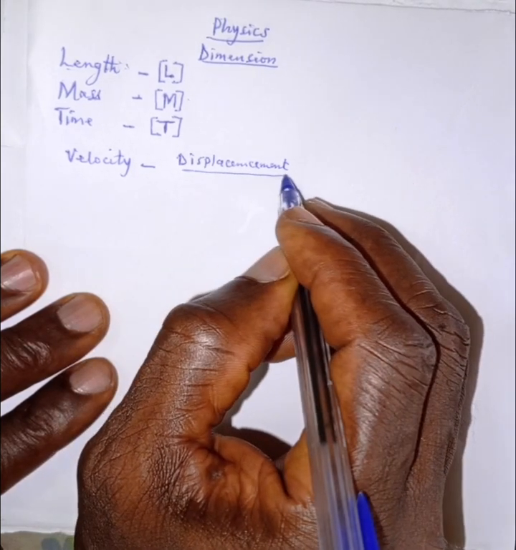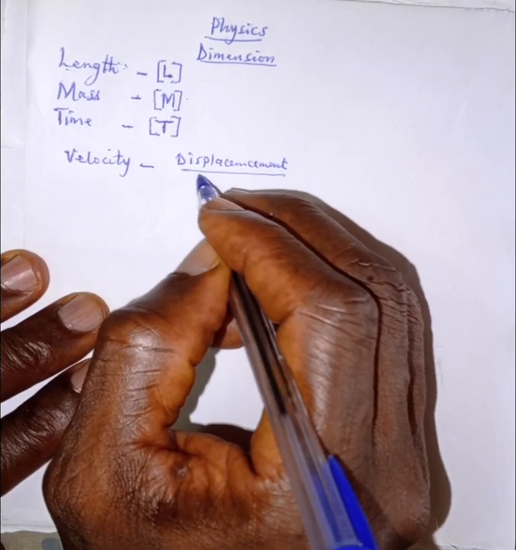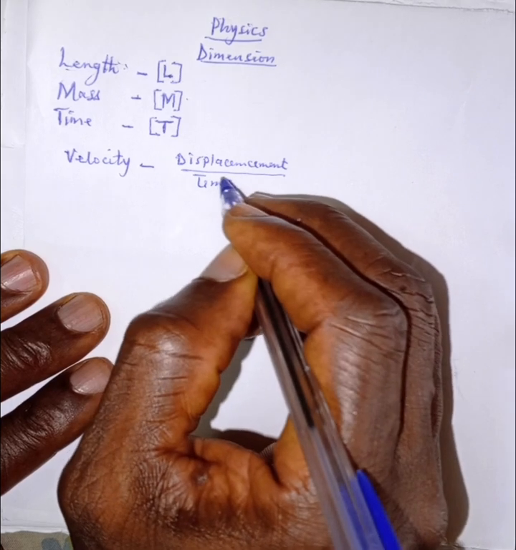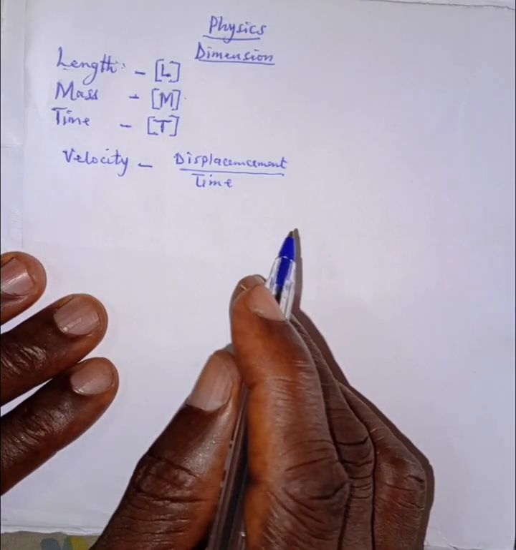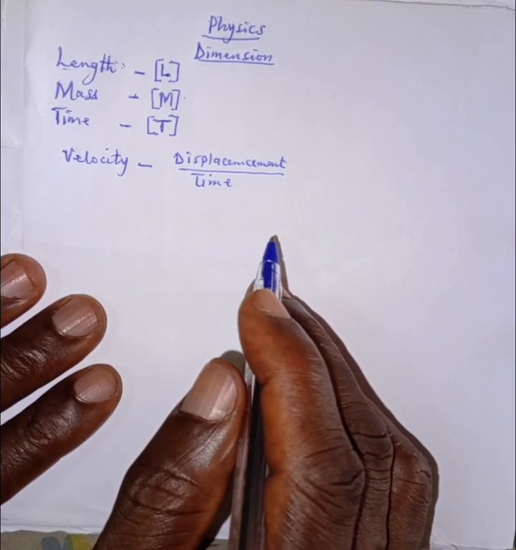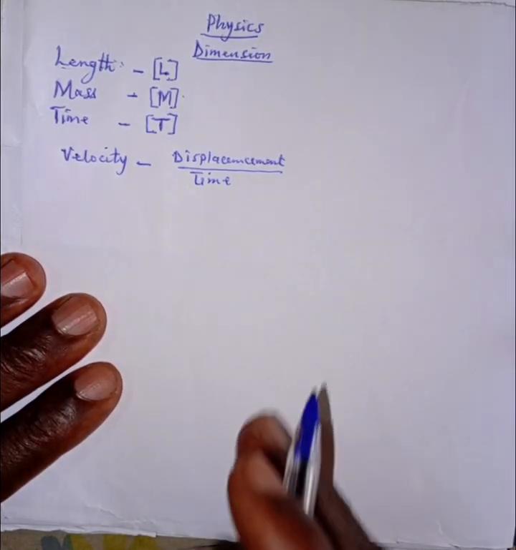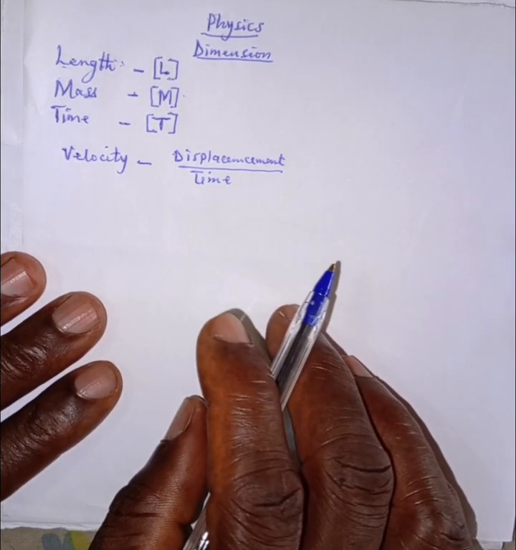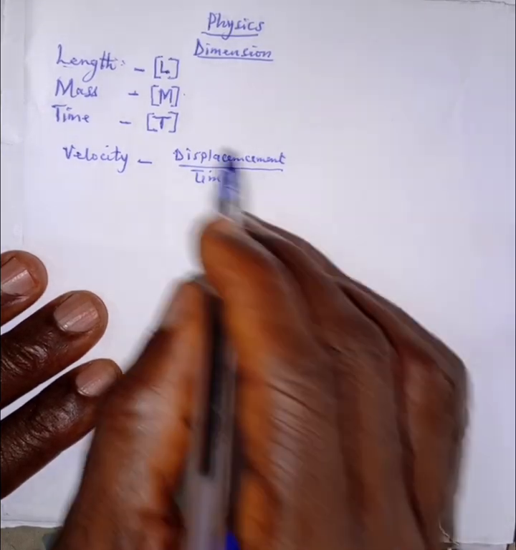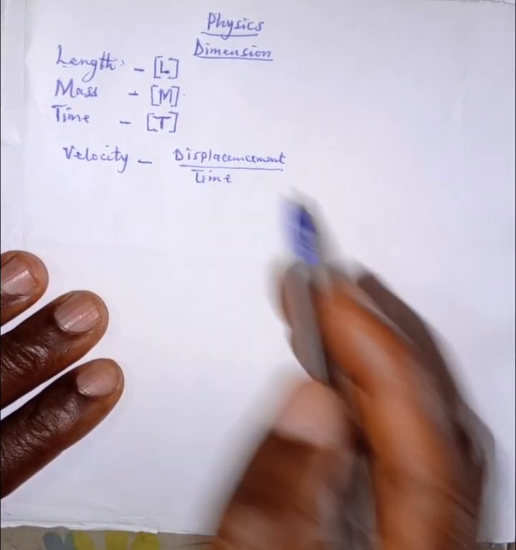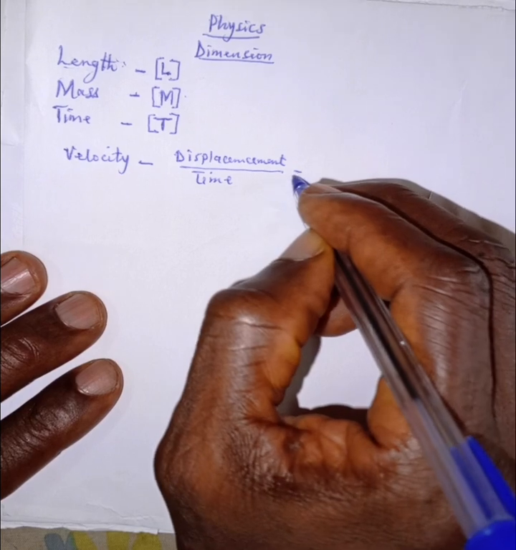The definition of velocity is displacement over time. So velocity is actually the rate of change of displacement.